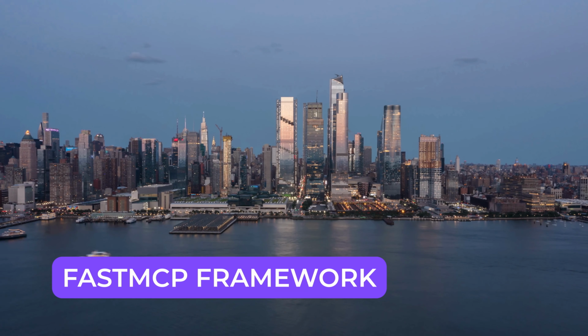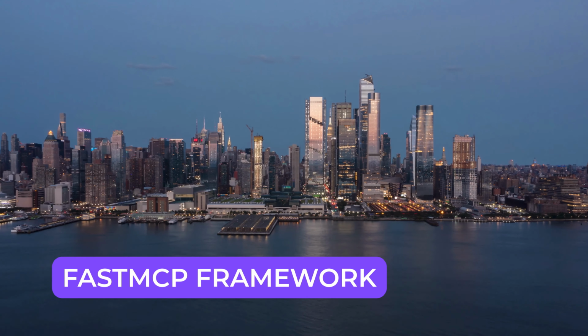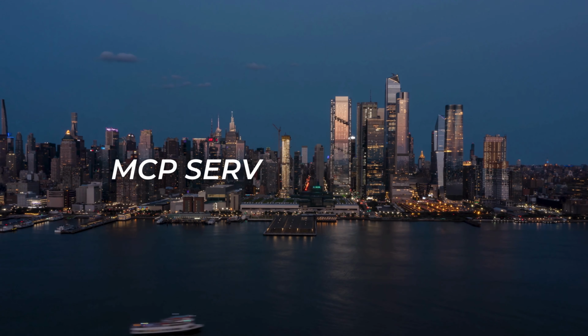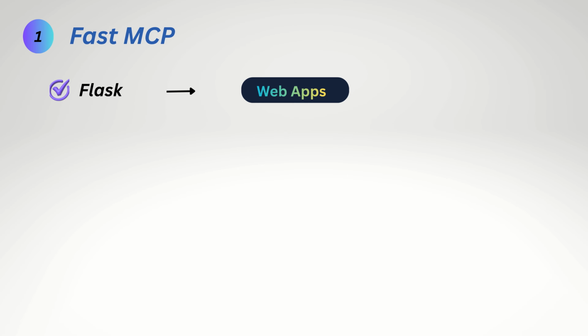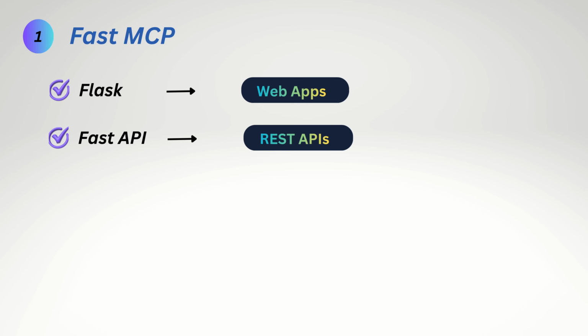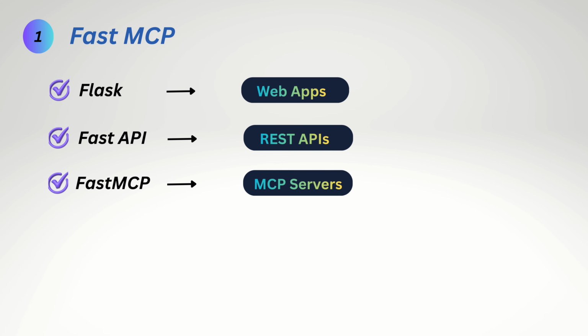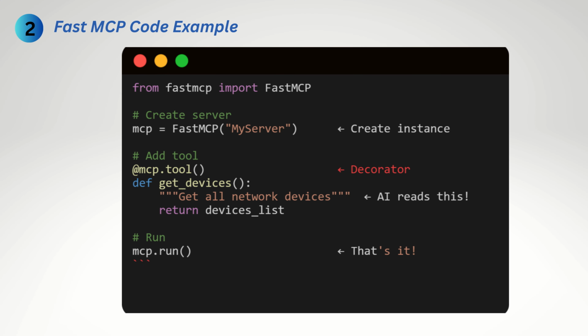Now let's talk about FastMCP. This is really interesting. FastMCP is a Python framework that helps build MCP servers incredibly fast. If you have used Flask or FastAPI for web development, FastMCP will feel familiar. It uses the same idea, a simple decorator to expose functionality. Here is the simplest possible MCP server with FastMCP. First, import FastMCP, then create an instance, add the tool decorator to your functions, and run it.